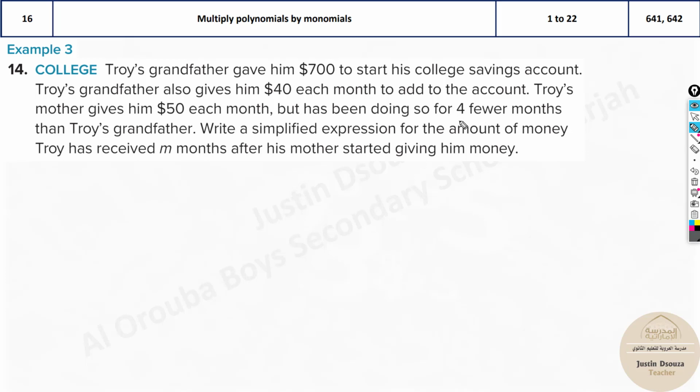Okay, this is important. 4 fewer months in the sense, his grandfather gave 4 months more. Now imagine January, Troy's grandfather started giving. Jan, Feb, March, April. And after 4 months, in the month of May, Troy's mother started giving. So his grandfather gave 1, 2, 3, 4 months extra.